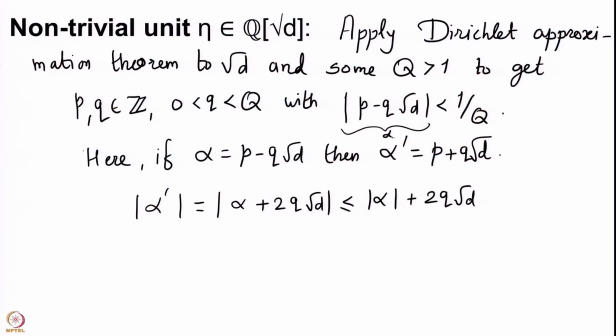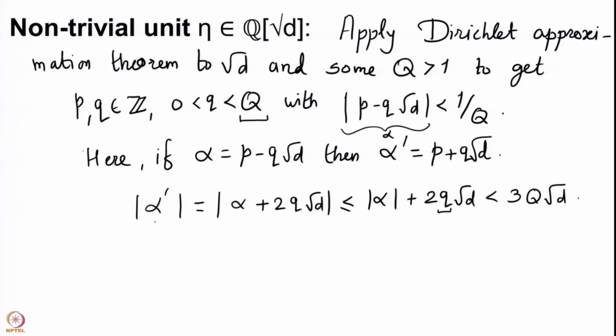Here we see that this is alpha, its mod is less than 1 upon capital Q. The small q has the property that it is less than capital Q.